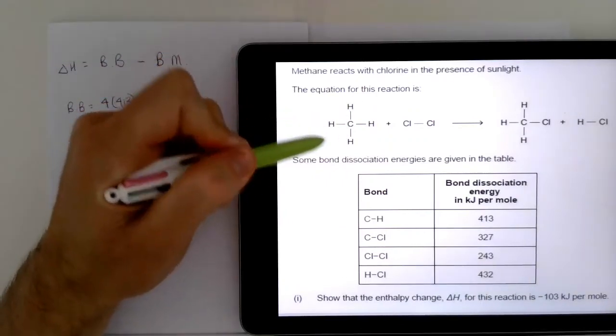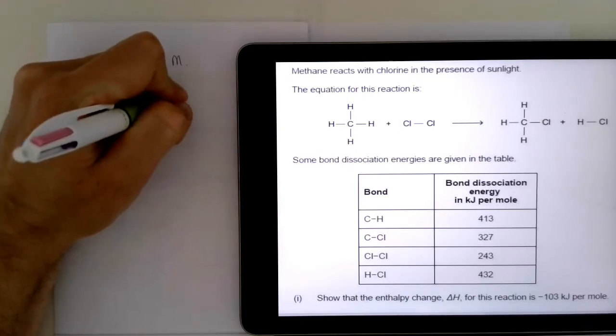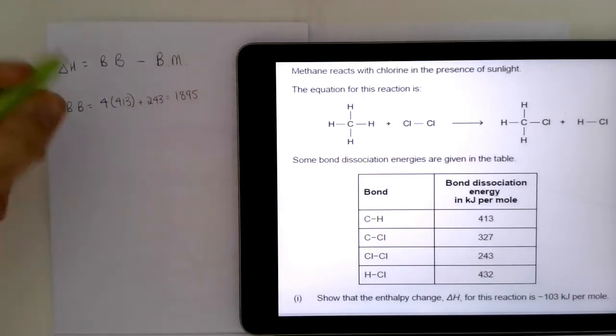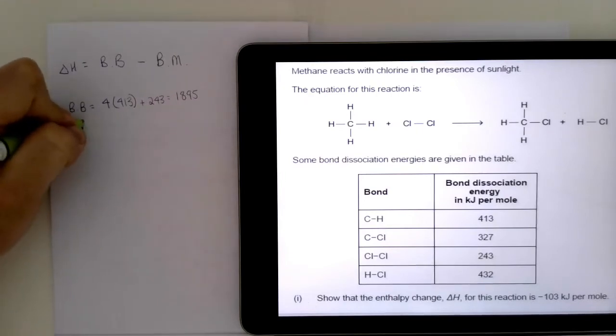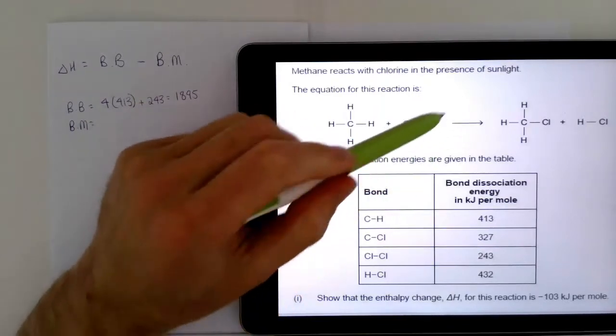So now I've broken all of those bonds with those values there. So if I add them up, I get 1,895.